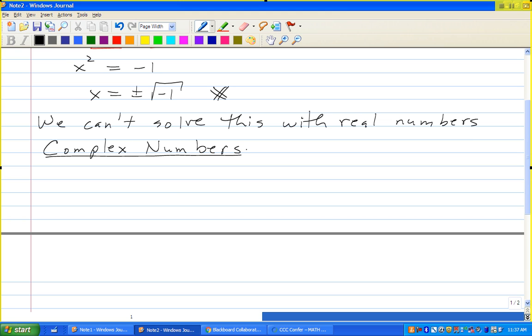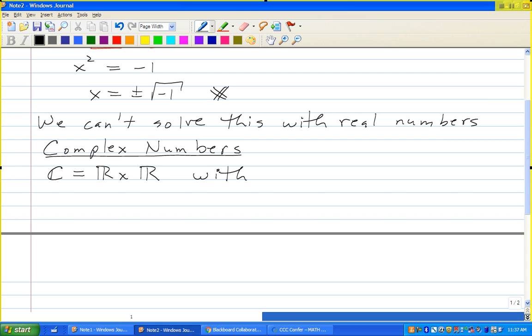So let us introduce a new field of numbers, the complex numbers. We'll define the complex numbers as follows. Let C denote the field of complex numbers. It's just going to be the cross product of the real numbers crossed with the real numbers. So let us endow this field with the following algebraic operations.